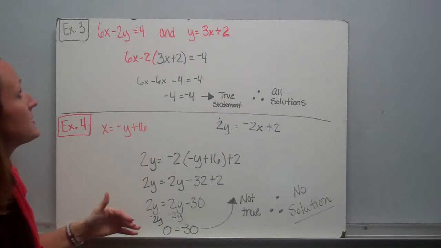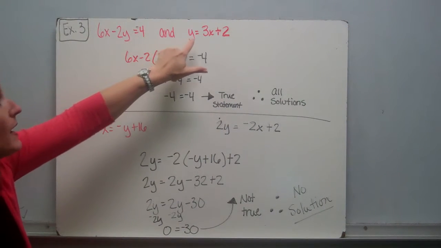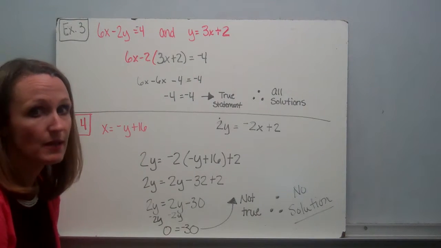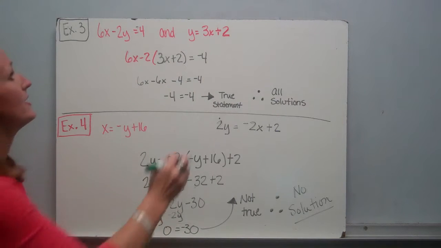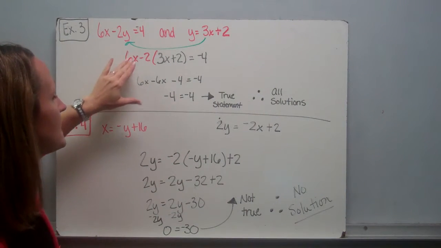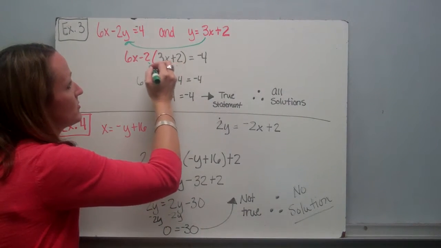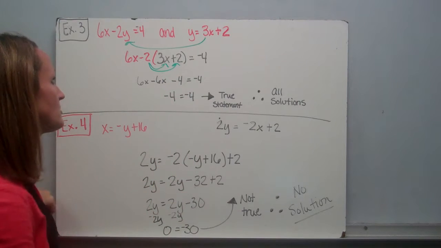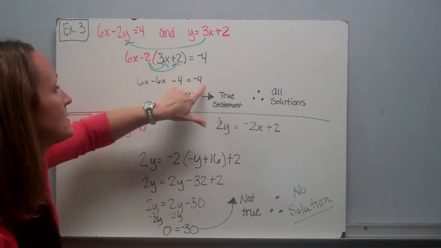Alright, so here's another example. 6x minus 2y equals 4 and y equals 3x plus 2. We got lucky on this one. We have an isolated variable. So take this y value, plug it in. So now we have 6x minus 2 times 3x plus 2. So we've got to distribute this time. So I get 6x minus 6x minus 4 equals negative 4.